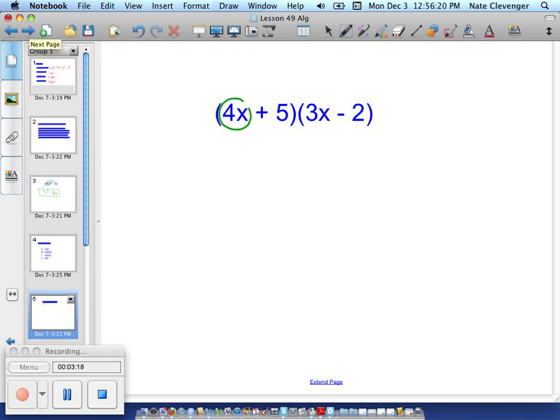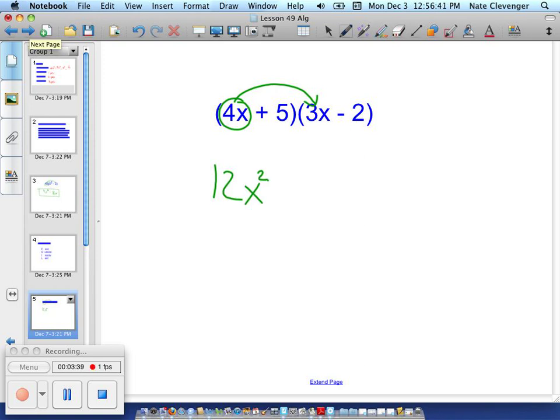If we look at the FOIL method, it says firsts, right? F for FOIL stands for first. We're going to multiply the first term in each together. Okay, that's the first. 4x times 3x is 12x squared.